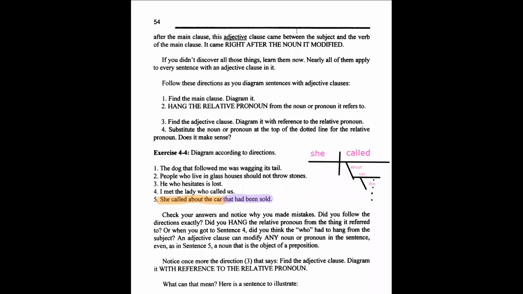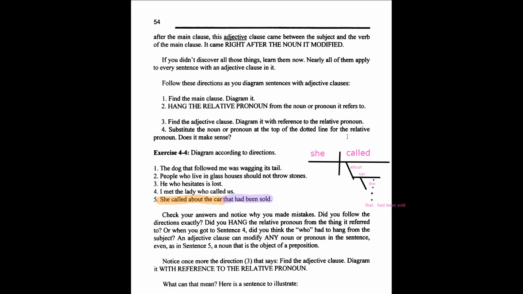that. It's the what that had been sold? What is it in this relative clause? It's a subject, right? So that, and then we're going to see had been sold, going off the edges here.